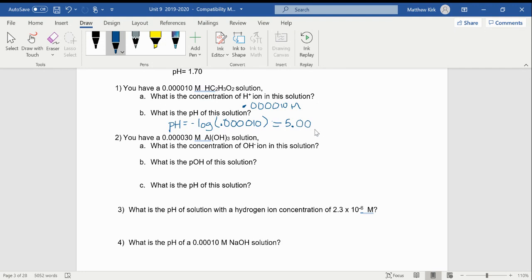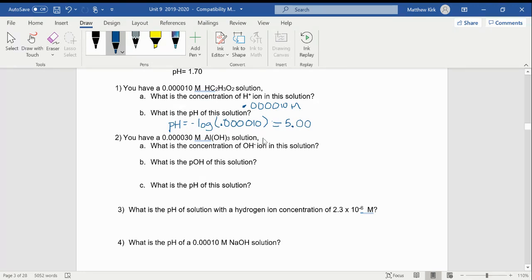Okay, question number 2. We have 0.000030 molar aluminum hydroxide. 2a asks us, what is the concentration of OH minus? Okay, so here we have to account for our subscript. When we put aluminum hydroxide into solution, it's going to dissociate, and we're going to wind up with 3 hydroxide ions for every 1 molecule of aluminum hydroxide.